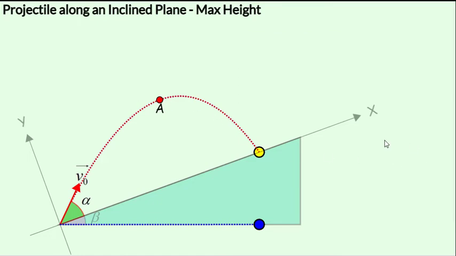So if the projectile took 10 seconds to go from launch all the way to landing, then it would take 5 seconds from launch to point A. So half the total time of the flight, regardless of the speed, regardless of the launch angle alpha.